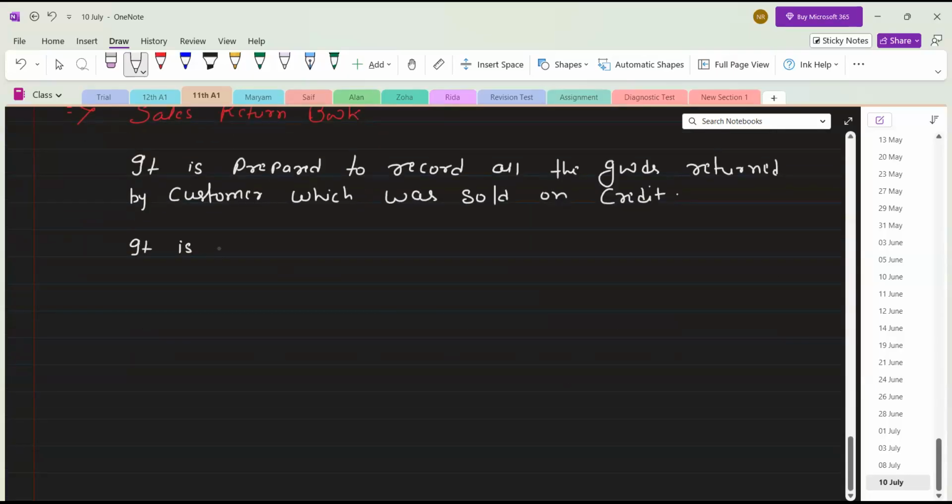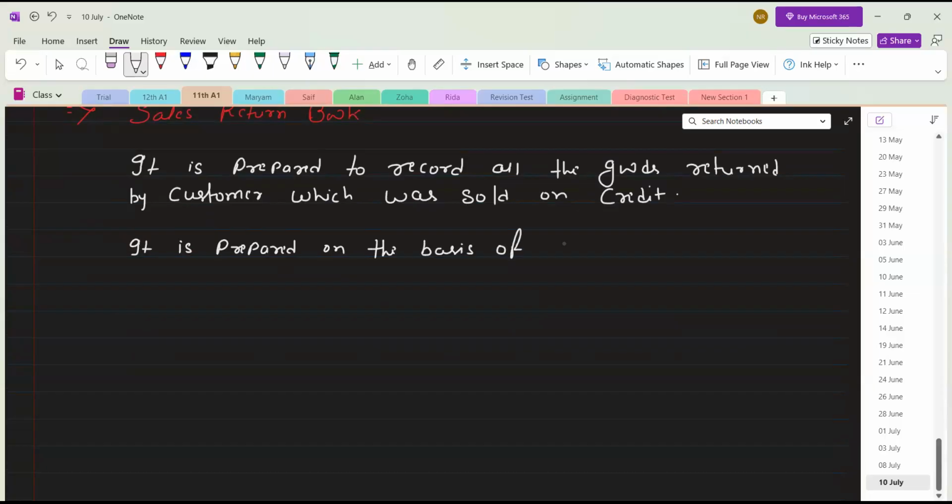It is prepared on the basis of the credit note issued or the debit note received from the buyer.